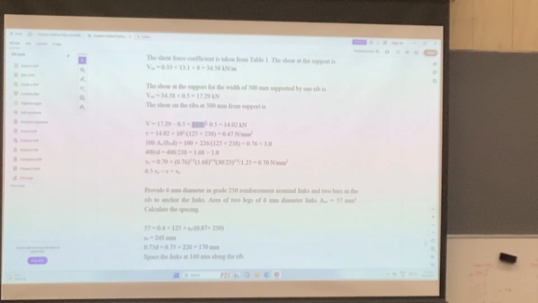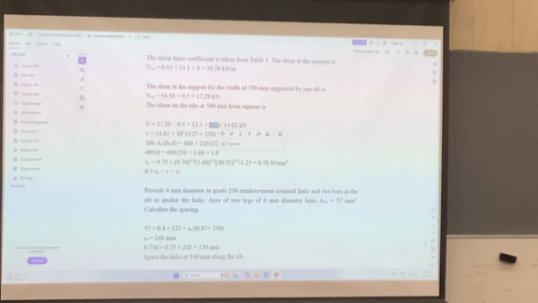And then this is the force due to the loading, which is 13.1 times 0.5. The first 0.5 is because it steps away 0.5 from the support, and the second 0.5 is because the rib only supports a width of 0.5. Do you know what I mean? So you may ask why there are two 0.5.